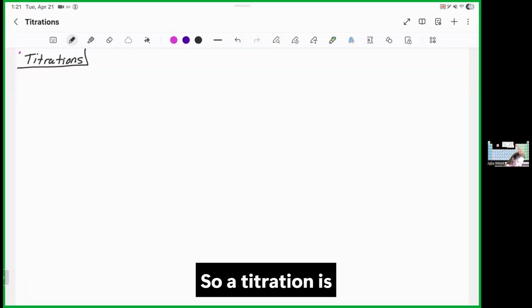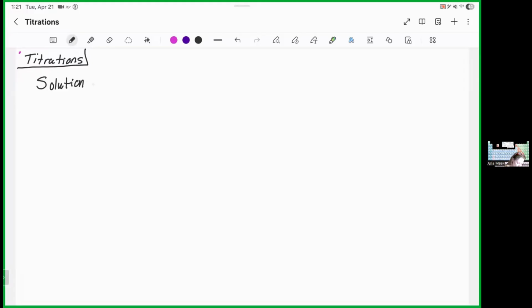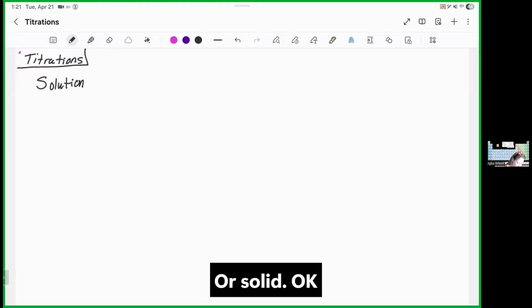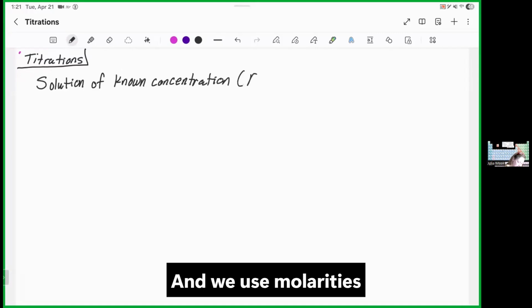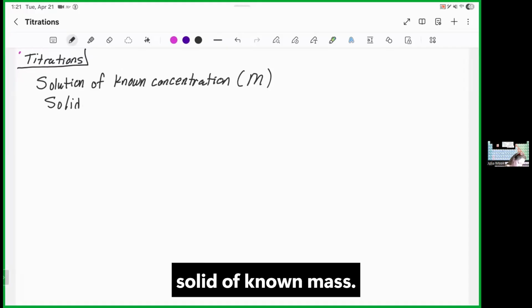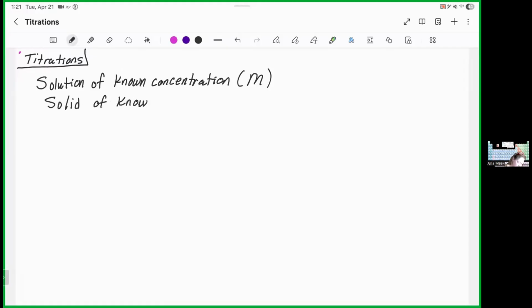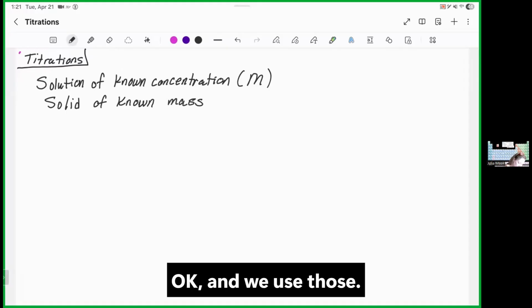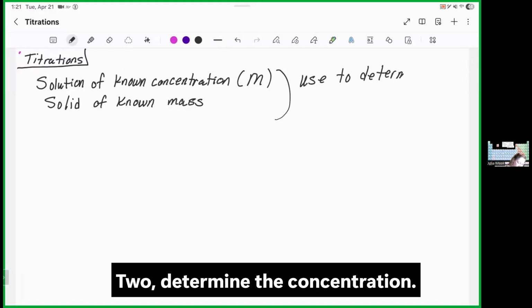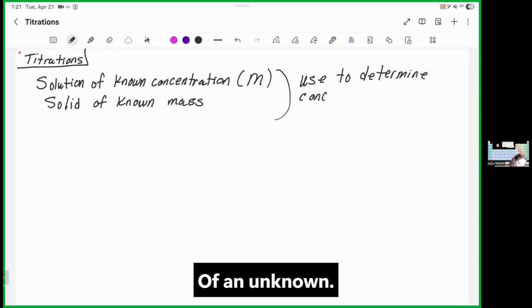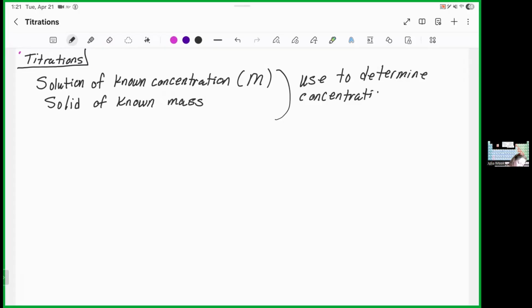So a titration is when you use a solution of known concentration, and we use molarities on these, or a solid of known mass, and we use those to determine the concentration of an unknown, typically a solution.